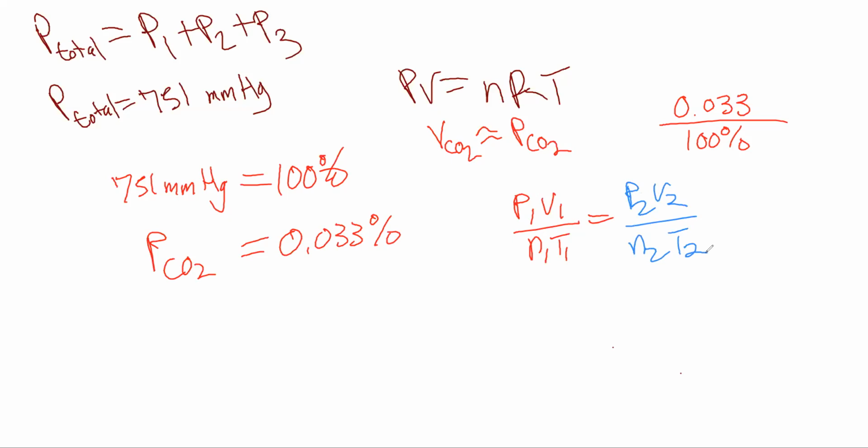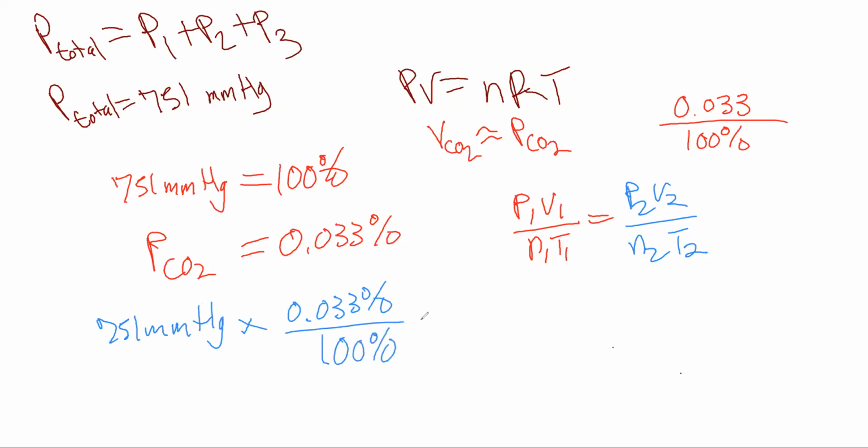So if we take that 751, we multiply it by 0.033% divided by 100%, we'll be able to figure out what pressure that is of our CO2.